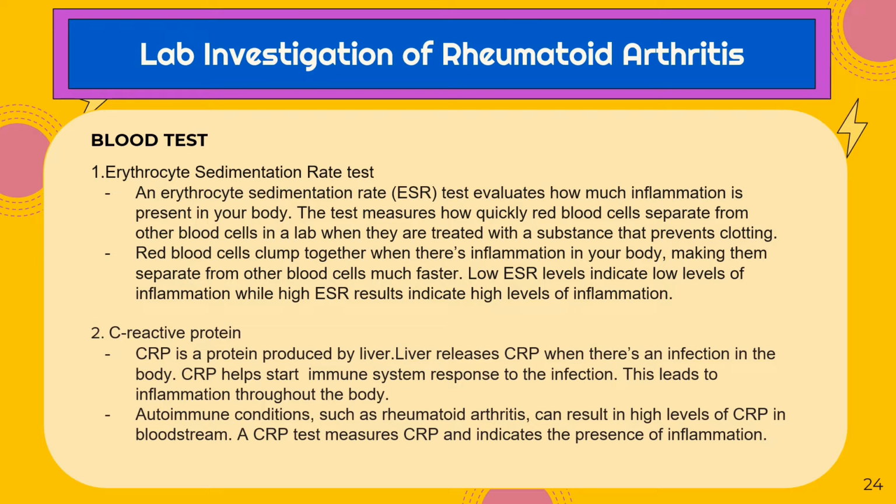Red blood cells clump together when there's inflammation in the body, making them separate from the other blood cells much faster. Low ESR levels indicate low levels of inflammation, while high ESR results indicate high levels of inflammation.